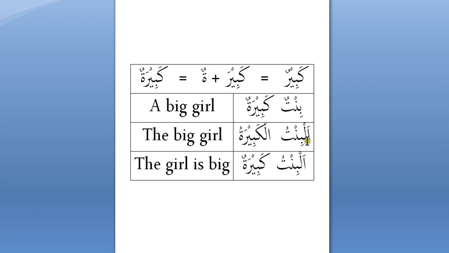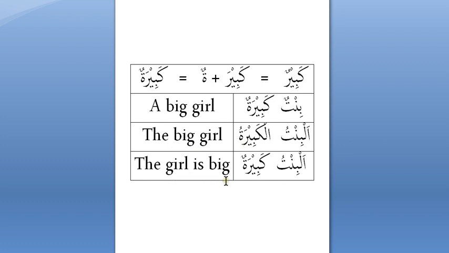The dammatan has changed to damma. Each time there is al in front, there should be damma. Al bintu, al kabiratu. Al bintul kabiratu. The girl, the big girl.